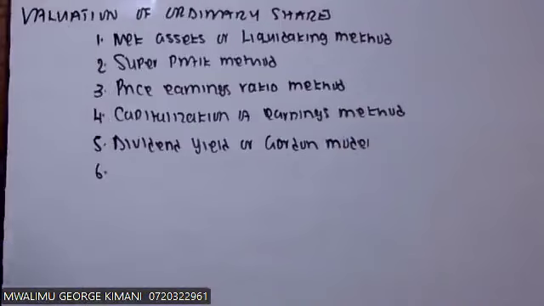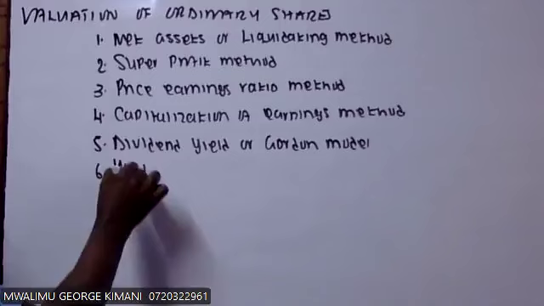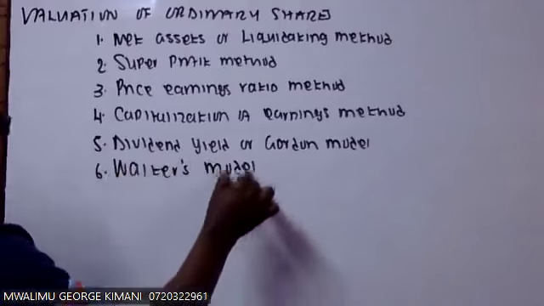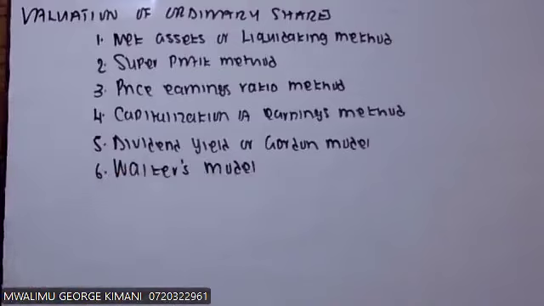Another one is called Walters model. So those are the six methods that you can use to value ordinary shares.